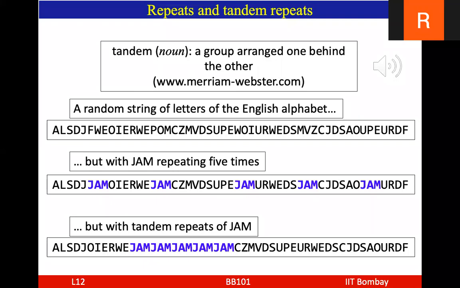And in another sequence, where the GEM is repeated, these are tandem repeats. They are called tandem because these 3 letters are repeated multiple times.